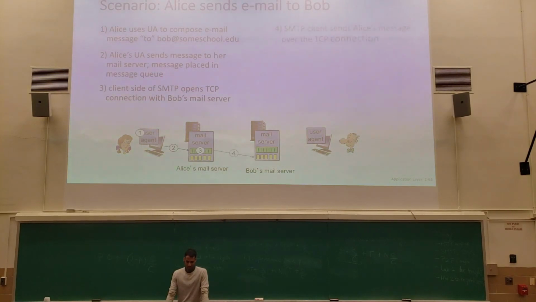It establishes a TCP connection with Bob's mail server. The mail server at someschool.edu pushes the mail that Alice sent to Bob, which is stored in Bob's inbox until Bob connects to that mail server at some possibly future time. It doesn't have to be synchronous, and he retrieves this message.